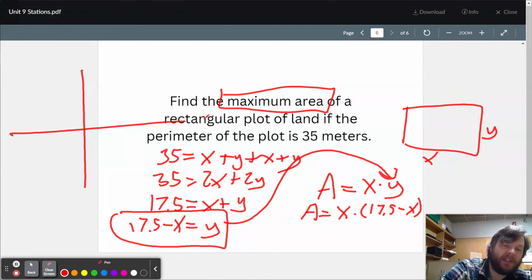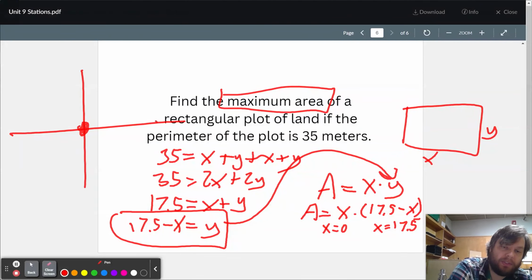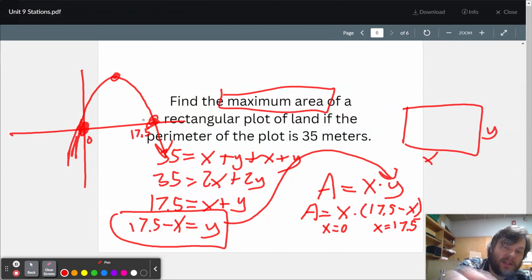This one is nice and easy to graph because, like I talked about earlier, the zeros are x equals 0 and x equals 17.5, meaning if I have x equals 0 or x equals 17.5, I'll have 0 area. The shape in between them is a parabola, so the vertex is going to be halfway in between 0 and 17.5.